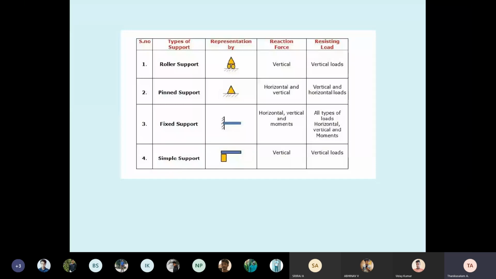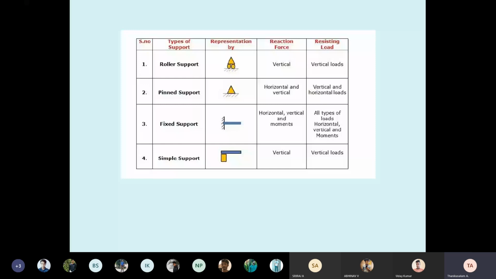Its reaction acts vertically, so it resists vertical loads. So the roller support gives only a vertical reaction.